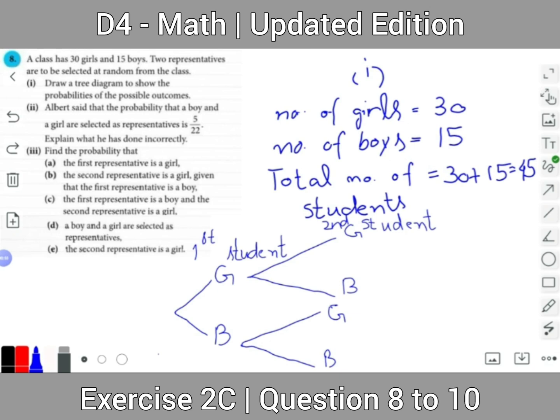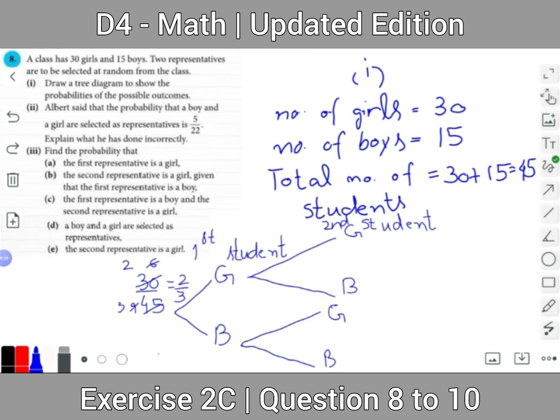So for the girl to be the first student, the probability will be 30 over 45, and after simplification it will give 6 over 9, and with more simplification 2 over 3.